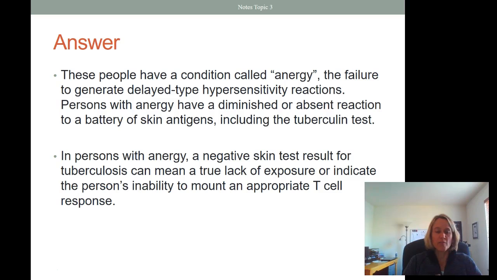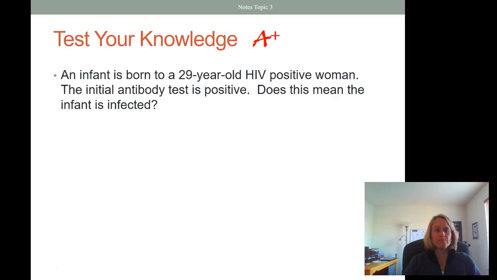So without a good response, they would have a negative skin test for TB. But that doesn't necessarily mean that they haven't been exposed to TB, but rather that they don't have an appropriate T cell response, if that makes sense.